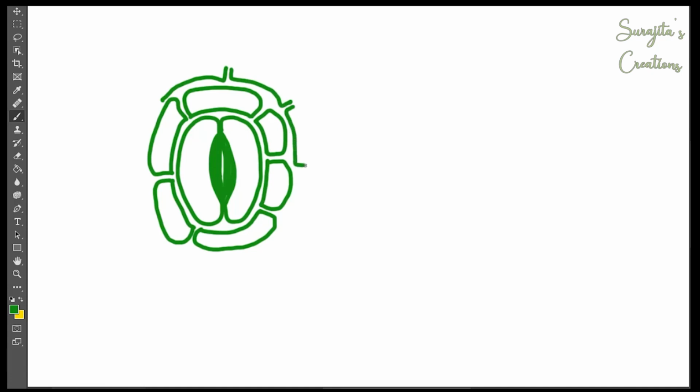So the epidermis of the leaf contains these guard cells. These are the cells which are present outer to the epidermal cells.